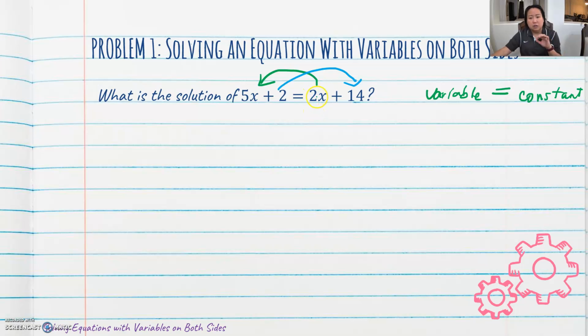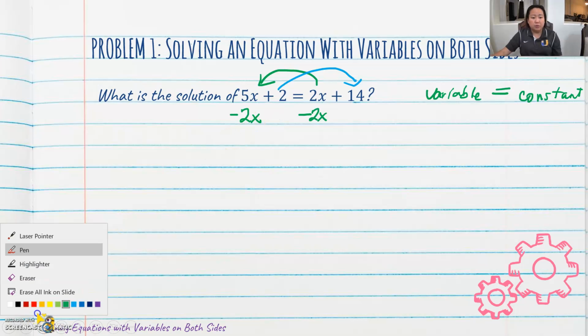Anytime a variable or a constant jumps over the equal sign, the sign changes. So if this is a positive 2x, it becomes negative 2x on the other side. Now, if you cannot remember that all the time, all you need to do is use your inverse operation. This is a positive 2x, so you will use minus 2x, and you also put a minus 2x over here.